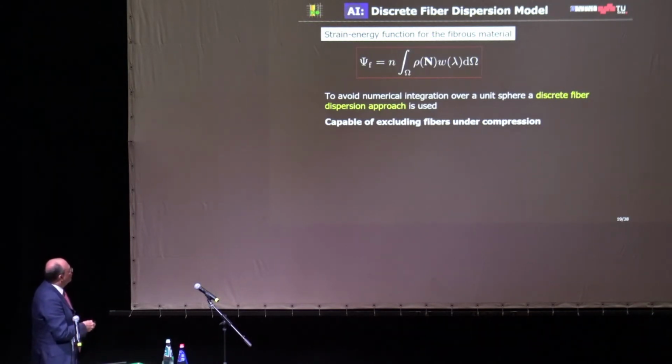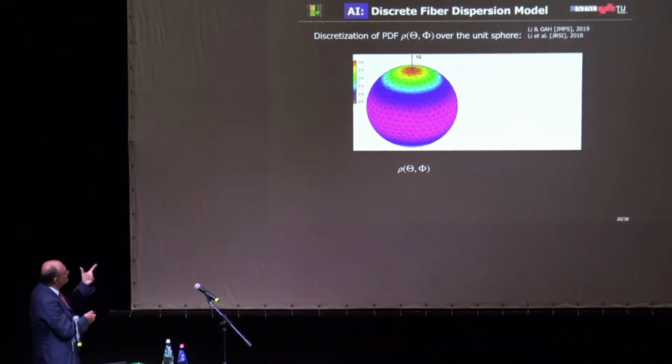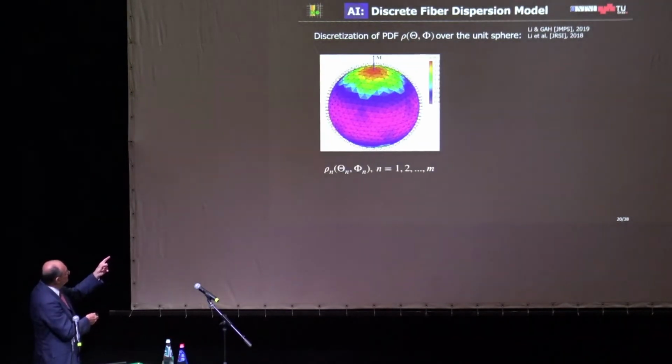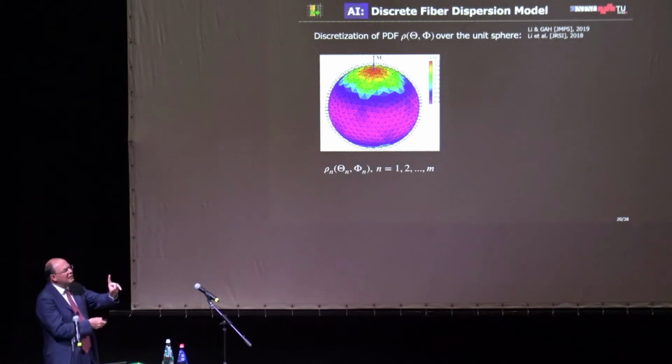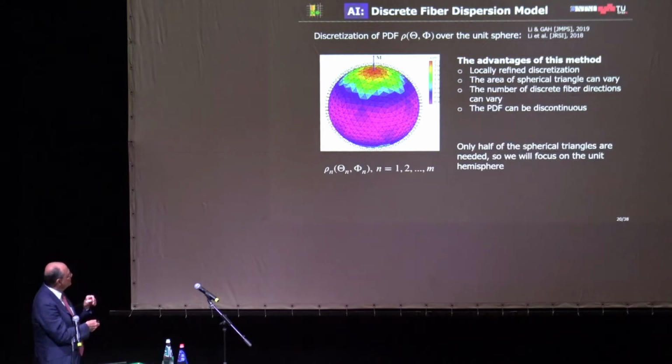And so what we do is we have this unit sphere, and you have this discretization of this probability density function over rho. When we discretize that, you have a number of elements here, and for each element you describe, so to say, your mean fiber direction. Several advantages I don't want to go through here.